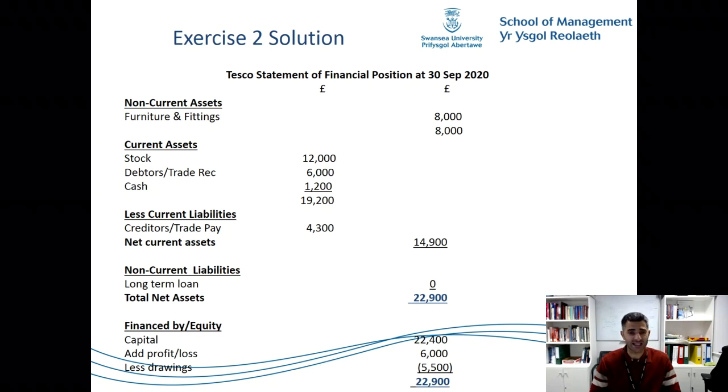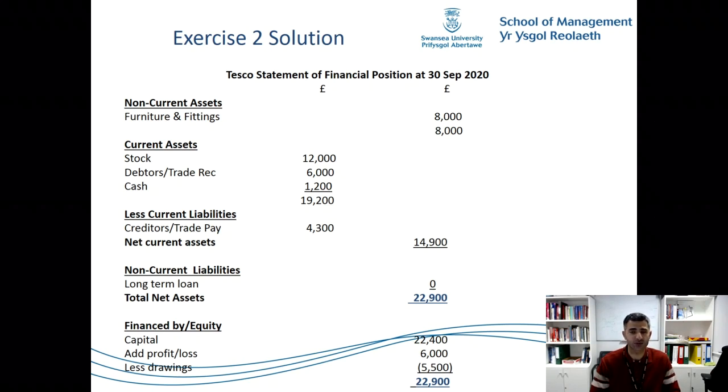So the total net assets equal total assets minus total liabilities. Total assets equal £27,200 minus £4,300. That gives us £22,900 net assets.